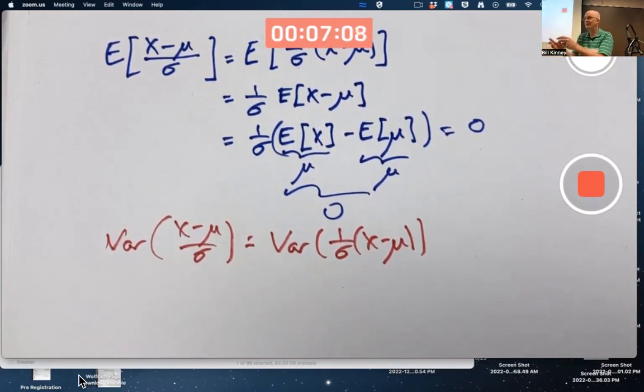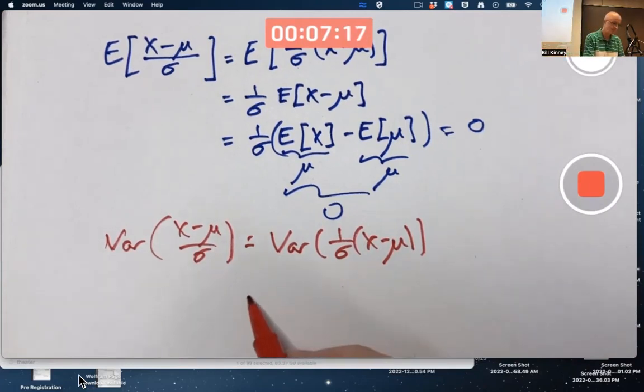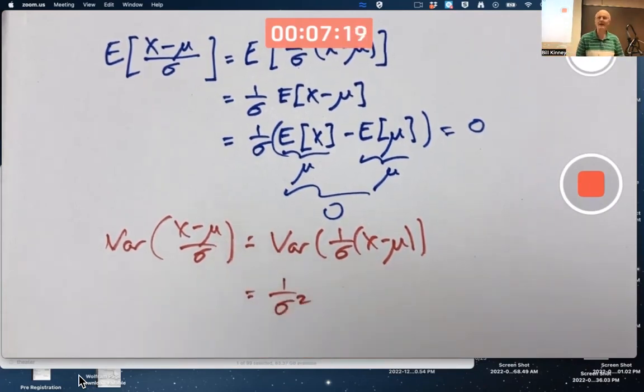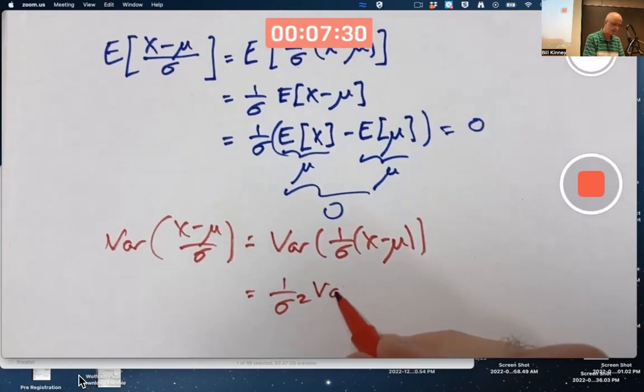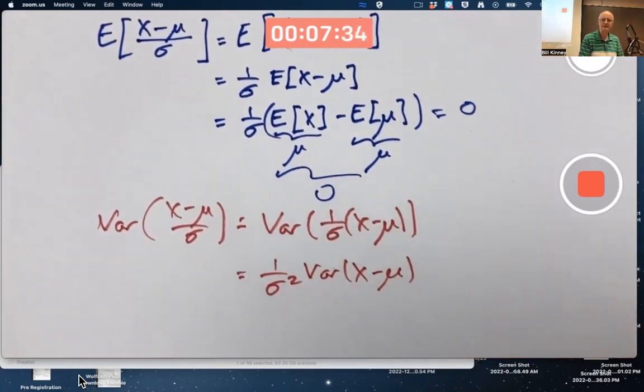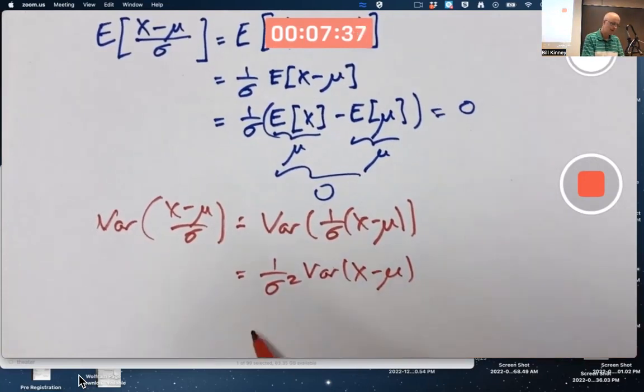That is true in general, even if the constant multiple is a negative number. You square it, you get a positive number. Sigma can't be negative. That doesn't really matter here, but just in general, realize when you pull out the constant multiple, even if the constant's negative, you're still squaring it, you're still going to get a positive number in front. I can write this as one fraction if I like.